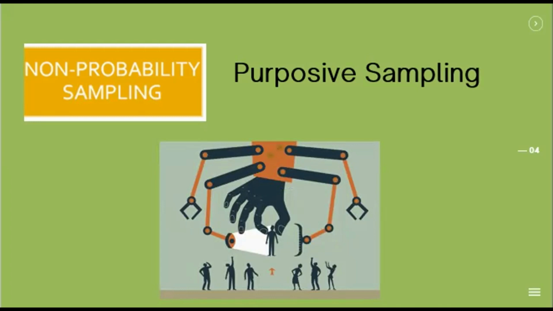So you have to make sure that they are the ones who have expertise, who know the topic about what you are researching, so that you will be able to gather data coherently, no?